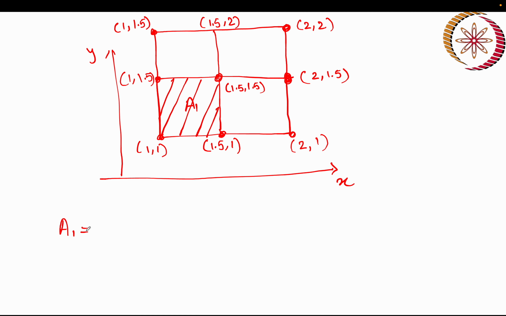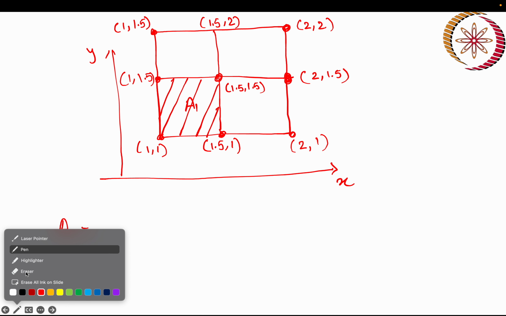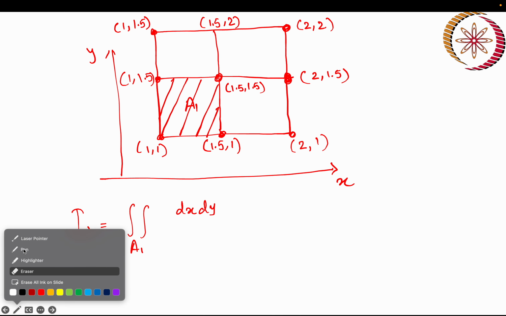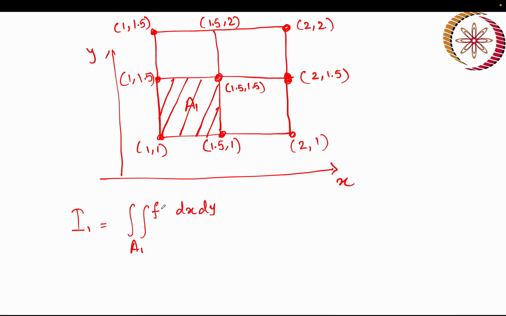So if we are finding out the integral over this, let's say I1, which is the integral over area 1, dx dy, so we'll write first for the general case, which is f of x comma y.